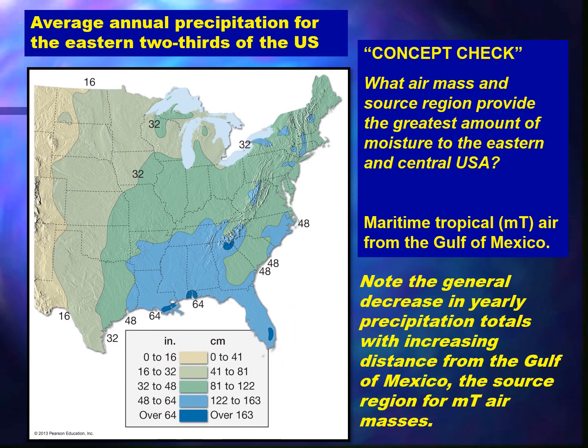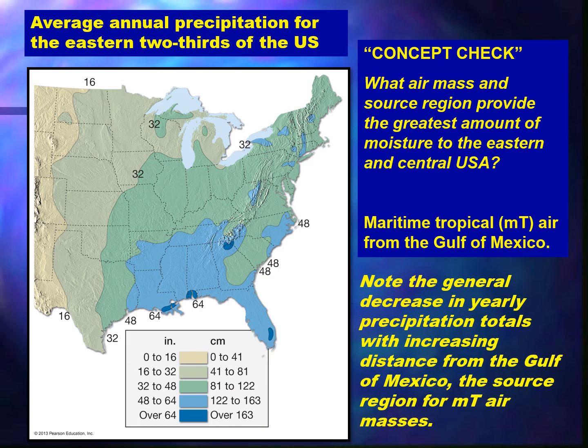All right, so what are we looking at here? Okay, question. What air mass and source region provide the greatest amount of moisture to the eastern and central United States? Maritime tropical air. And it's coming primarily from the Gulf of Mexico, but it's also coming from the Caribbean and Atlantic, but we get more of it from the Gulf of Mexico into the central United States.